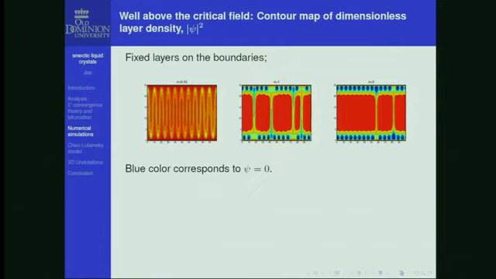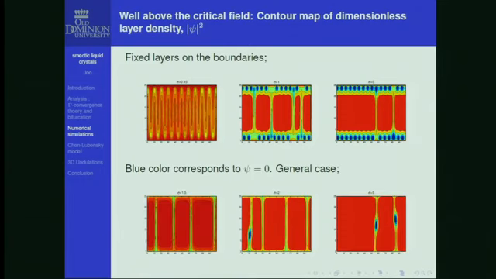We fix the layers on the boundaries, and you can see these blue spots correspond to psi equal to 0, which means the layer density becomes 0. So psi becomes 0 at the boundaries of these cells. But with the natural boundary condition, we do not have that, because the layers form dislocations. I will show the director profile in the next picture.